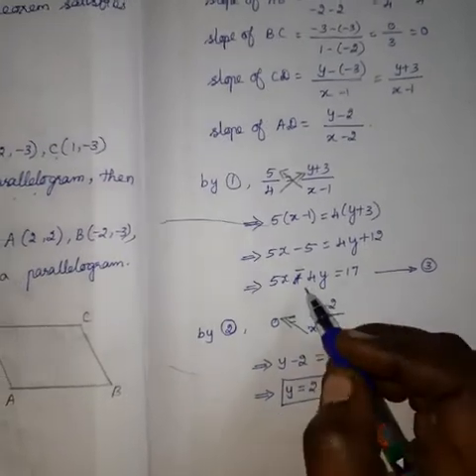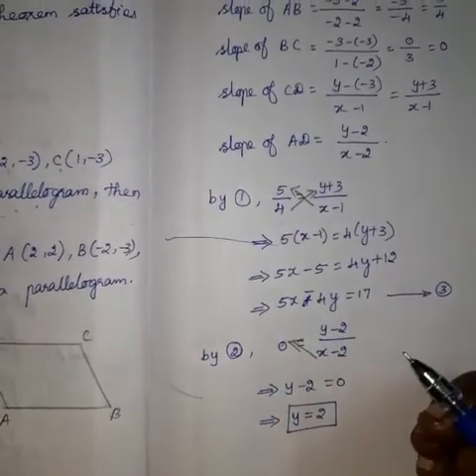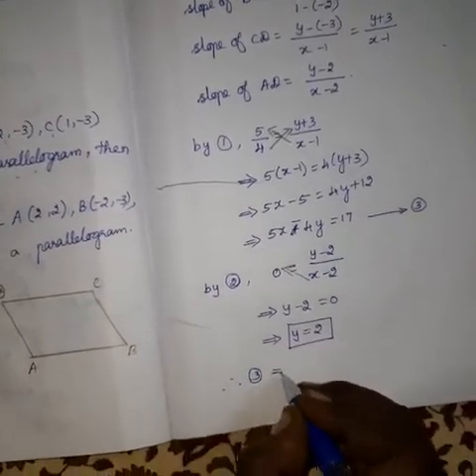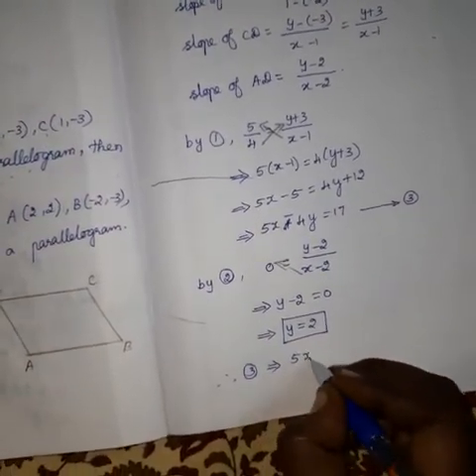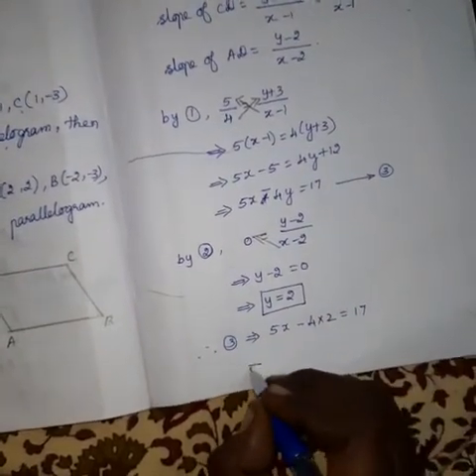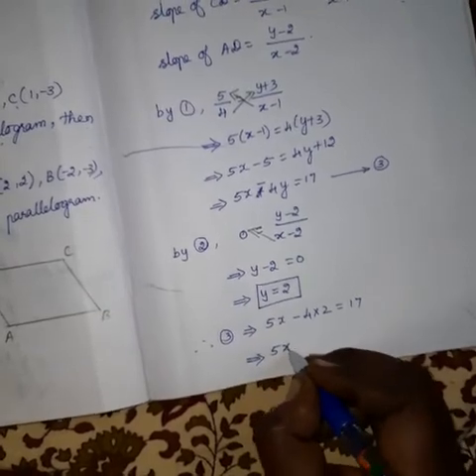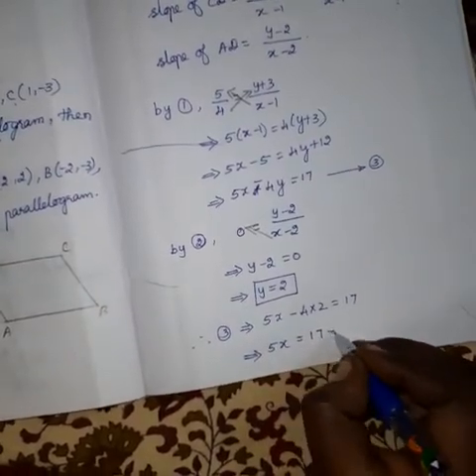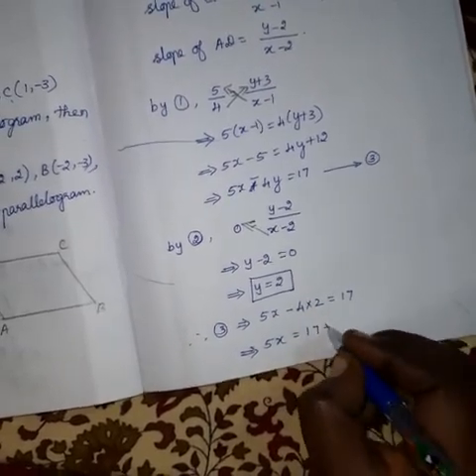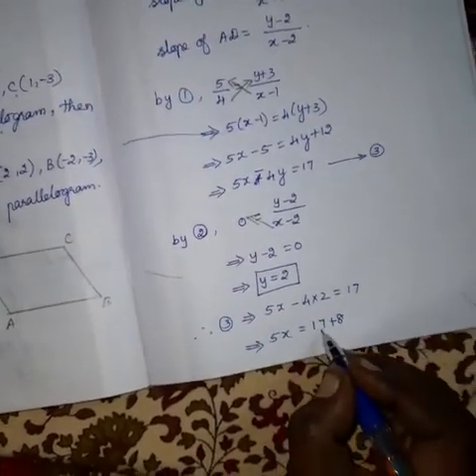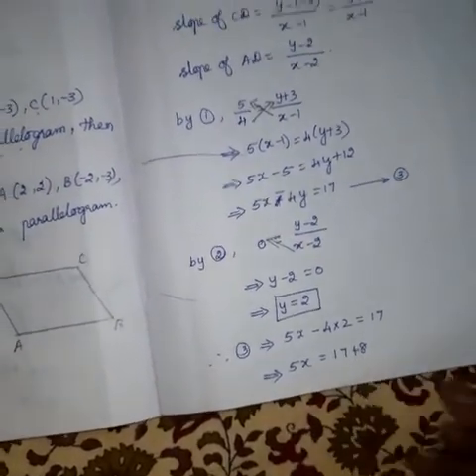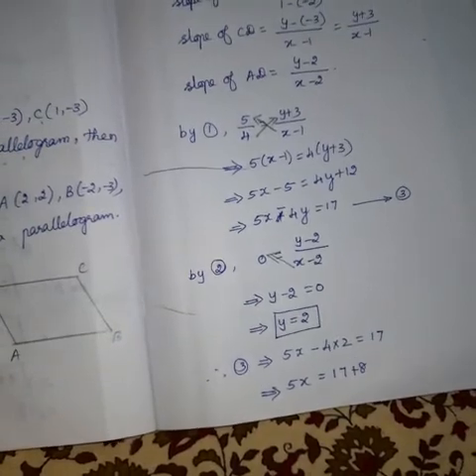Then this y value you can substitute in equation 3 and find the value of x. Equation 3 implies 5x minus 4 into 2 equal to 17, which implies 5x is equal to 17 plus 8, since 4 twos are 8 and minus 8 changes to plus 8. So 17 plus 8 is equal to 25. 5x is equal to 25, so x is equal to 5.